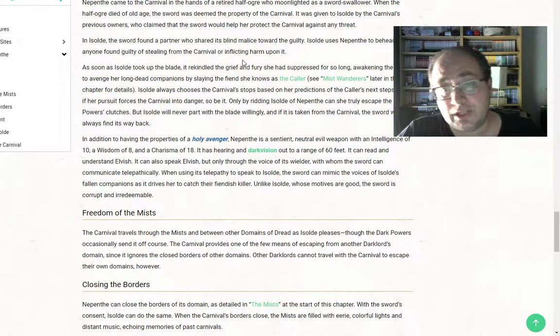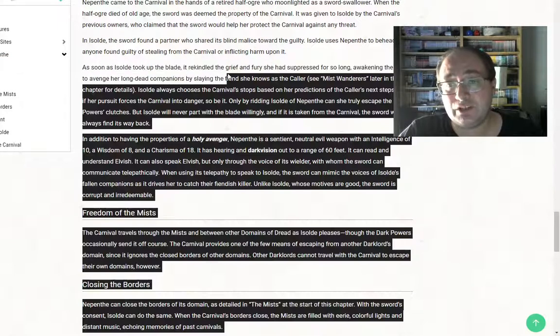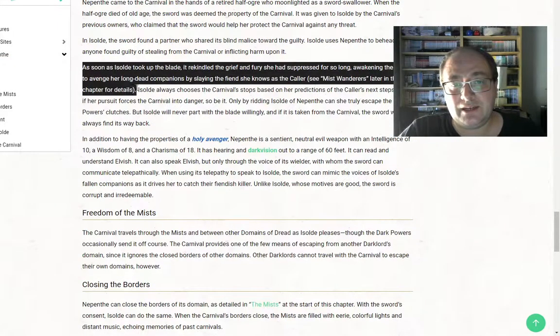Another interesting idea, however, is buried, and this is a problem. Isolde is looking for a serial killing demon called the Caller. And the Caller is basically a corrupting fiend, like the devil at the crossroads who offers bargains. The Caller is almost like a Dorian Gray figure who is corrupted and corrupts everyone around them.